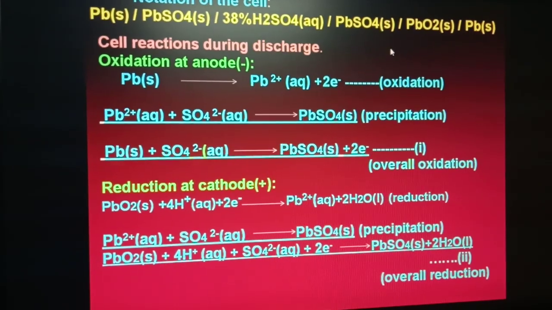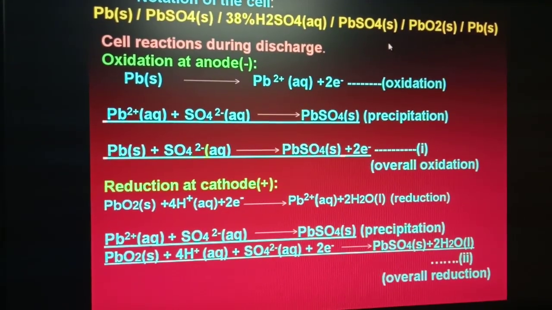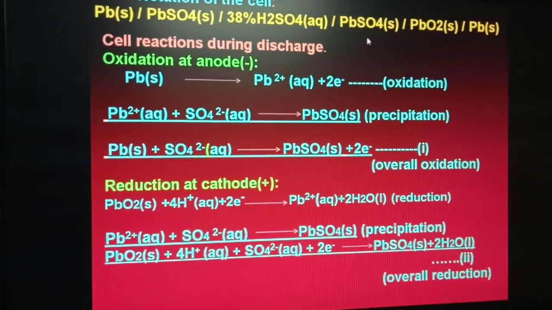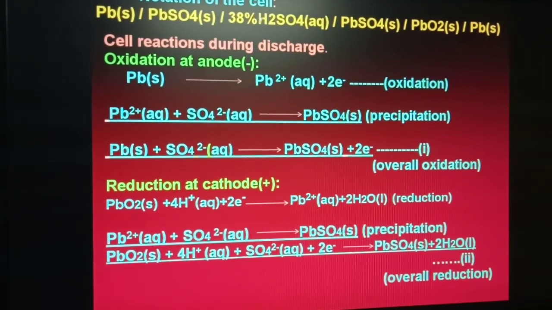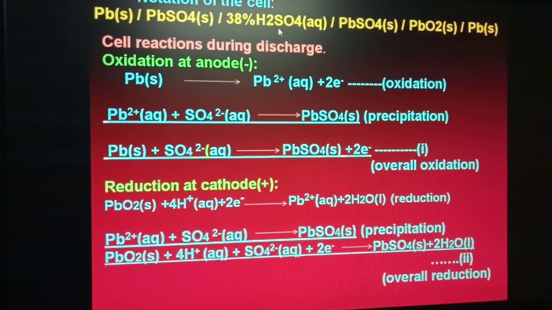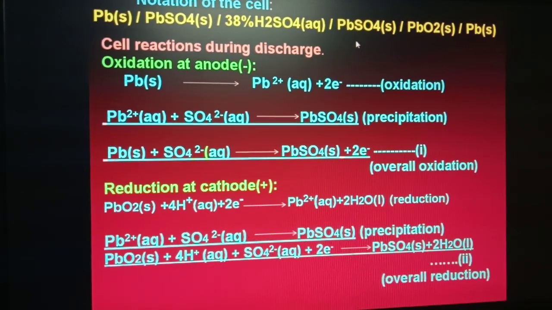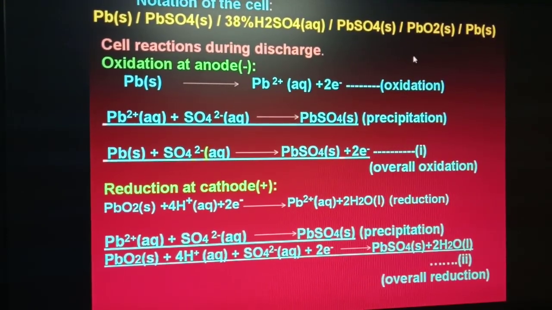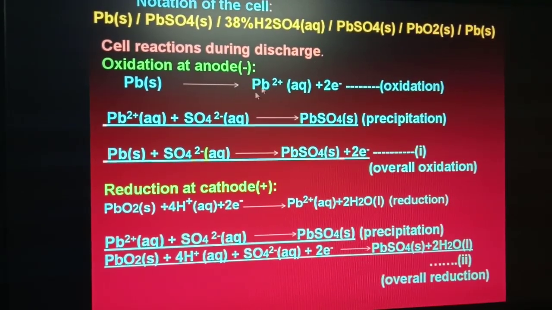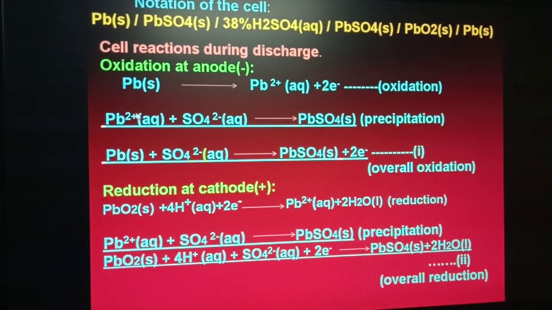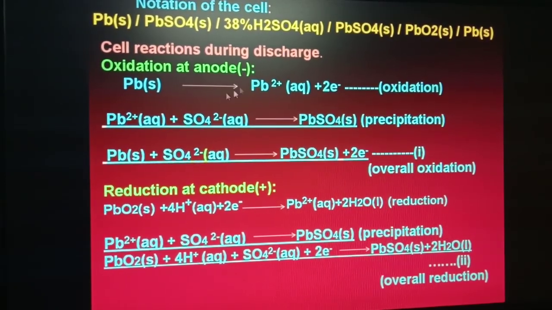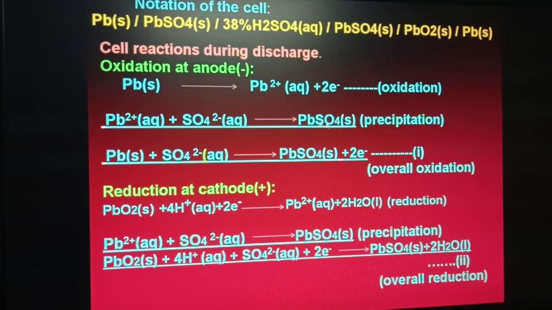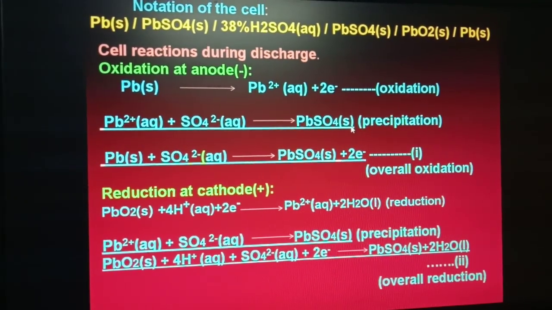As the required number of sulfate ions is more, we have to take 2 times H2SO4, which ionizes to give 4H+ plus 2 SO4 2-. Part of the sulfate ions combine with the Pb2+ at the anode to form PbSO4 solid.